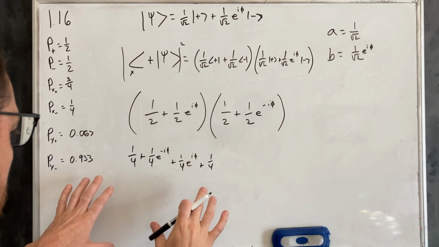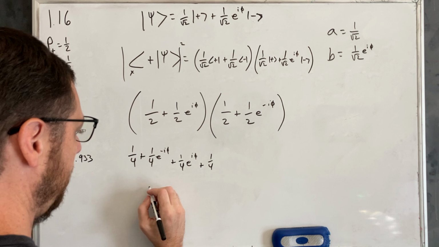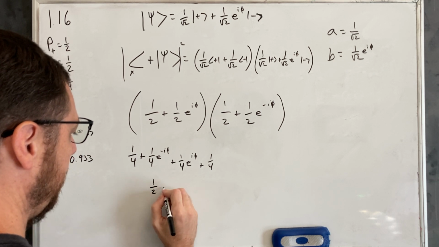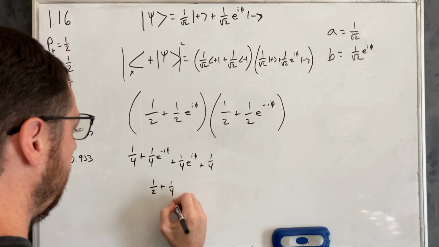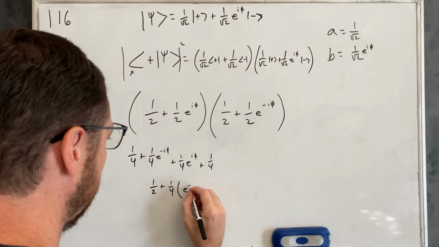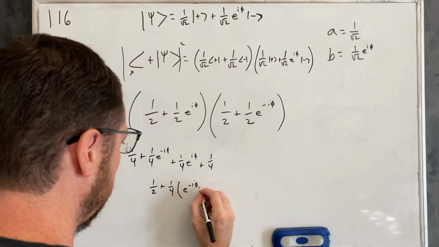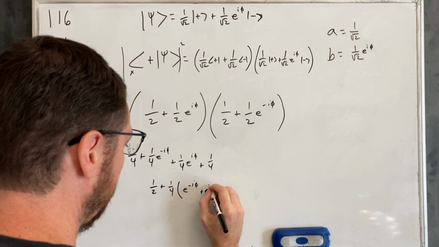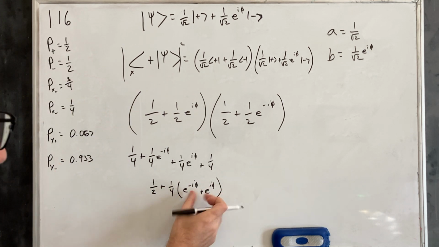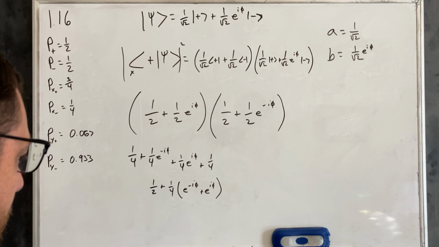All right, so let's combine these terms here. So we have 1/2 plus 1/4, and I'll go ahead and pull out this 1/4 here. We'll have e to the negative i phi plus e to the positive i phi. And we can't combine these. We're not multiplying these together, so we can't do our e to the 0 trick to get rid of that.